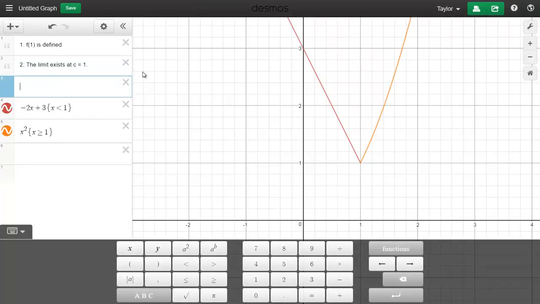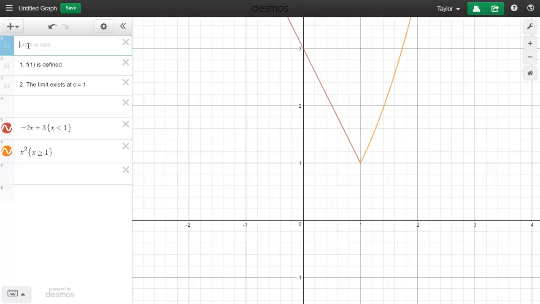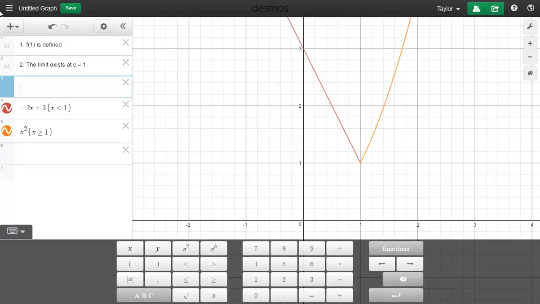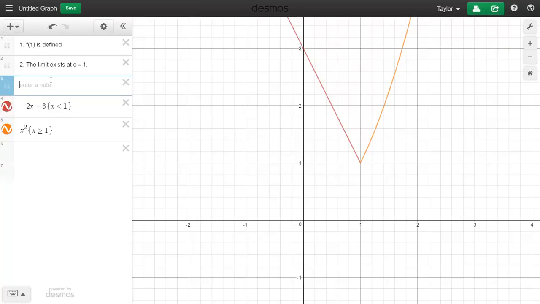Now, the third condition we want to check for continuity is, does the limit equal f of c? And I think here it does clearly. We said f of c was 1. We said the limit is 1.